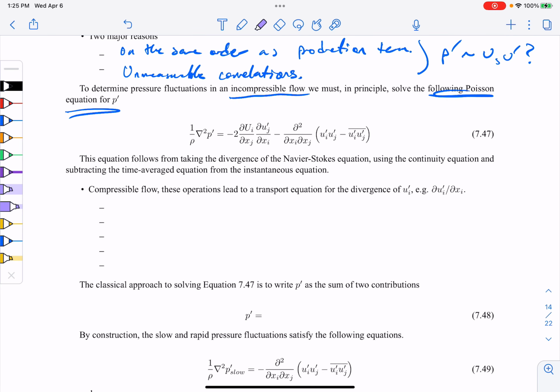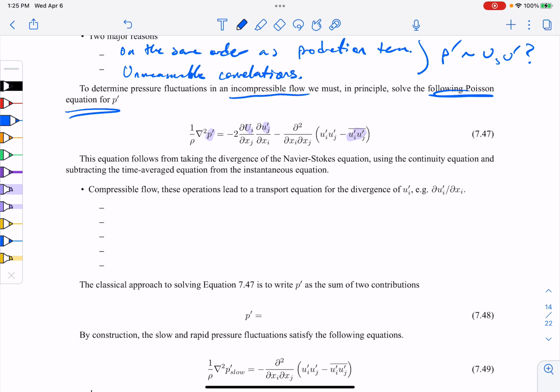And you'll see in this particular equation, we have p prime, and we have u prime, and U, which is mean variables, and of course, correlation, Reynolds stress. So if we can solve this type of equation, say for p, we might be able to get an idea of how p varies in the field of U.